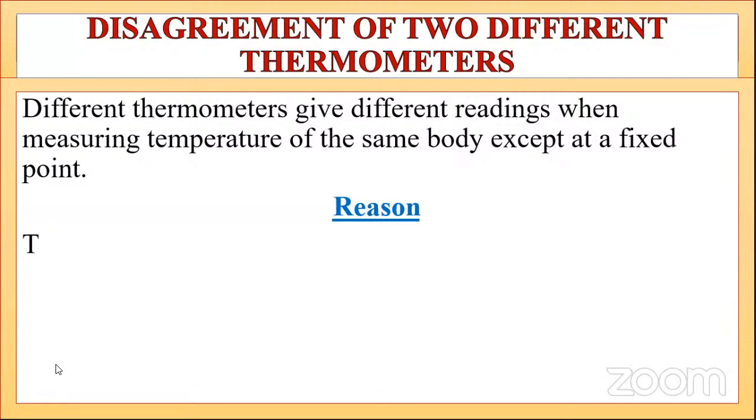Why? Now, let us compare two thermometers. We have the mercury-in-glass thermometer. It uses mercury. We have the platinum resistance thermometer. It uses resistance. So the way resistance varies with the temperature is quite different from the way the length of the mercury varies with the temperature.